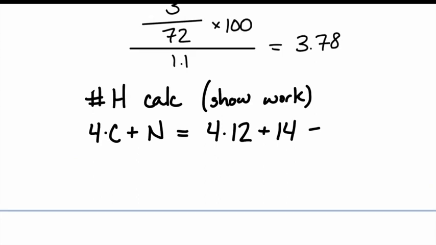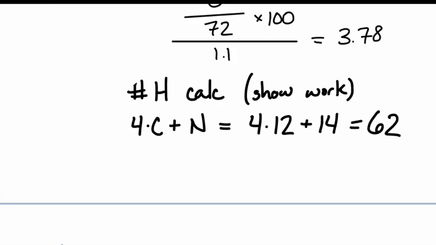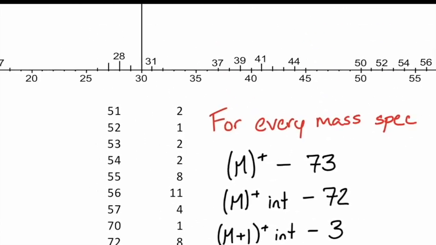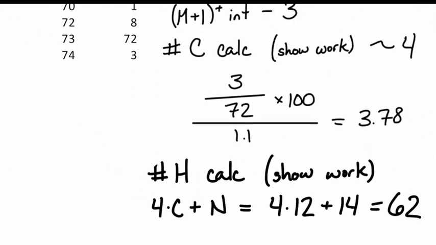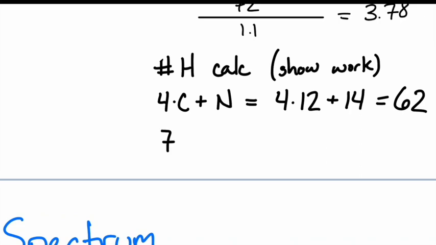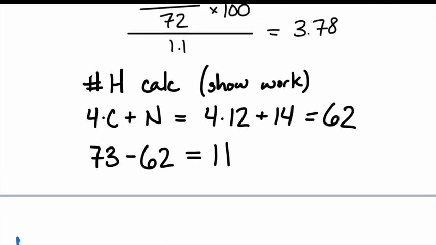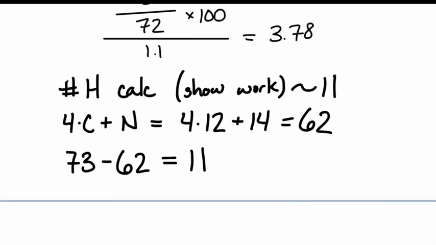This takes me to 62. All right, so my number of hydrogens will then be my mass number, my 73, minus my 62. Remember, each hydrogen just has a mass number of 1, so that takes me to 11. 11 hydrogens.